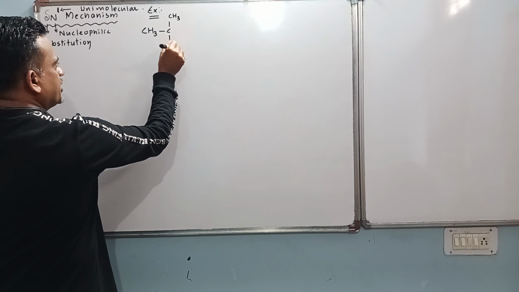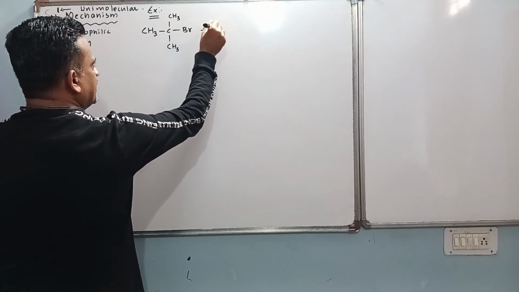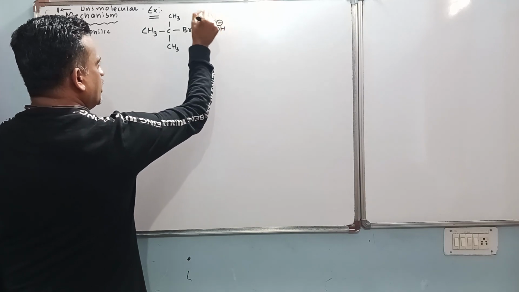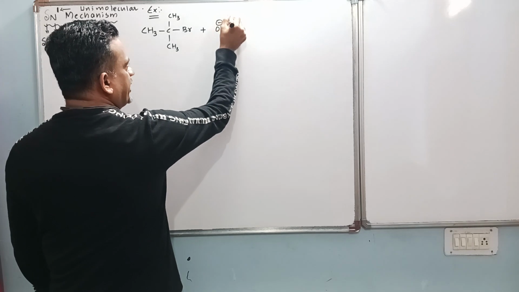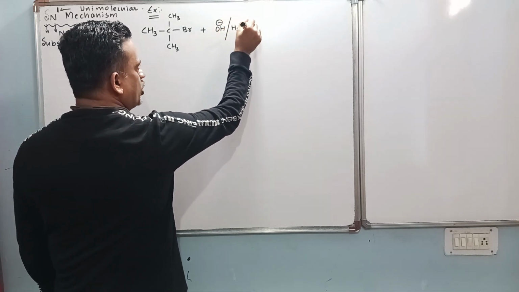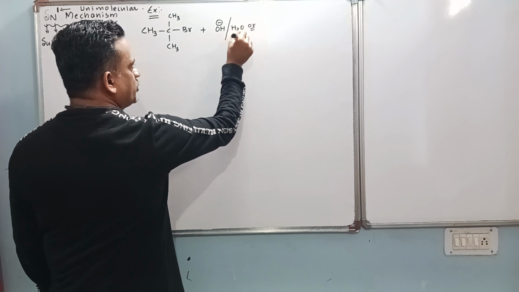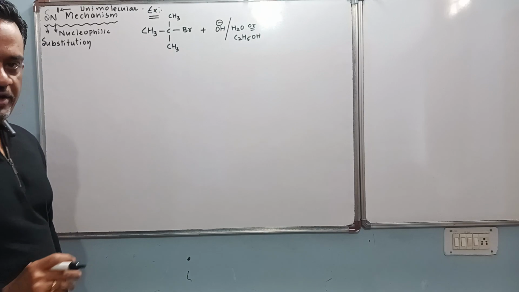We will take tertiary butyl bromide with, I will take the nucleophile OH minus. For this mechanism, you can take a strong nucleophile or even a weak nucleophile like water, or you can also consider ethanol as a nucleophile.